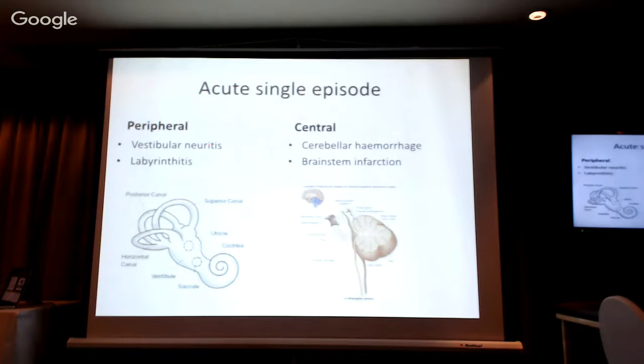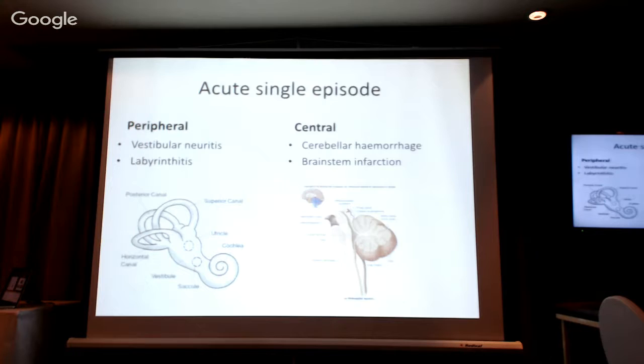So it's only in the nerve, therefore it's only vestibular, so they will have only vertigo. They won't have any hearing problem. Whereas labyrinthitis, the whole labyrinth, hearing part and vestibular part is affected, therefore they will have vertigo as well as hearing loss in addition to that. And tinnitus also, because tinnitus is related to hearing loss.